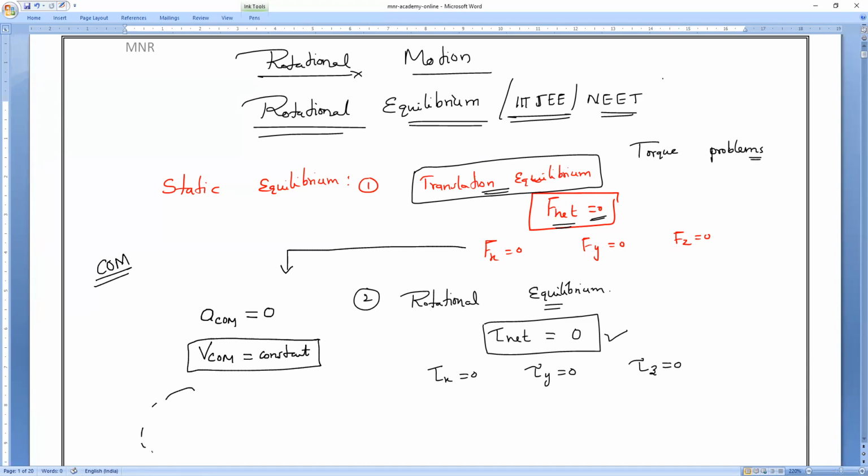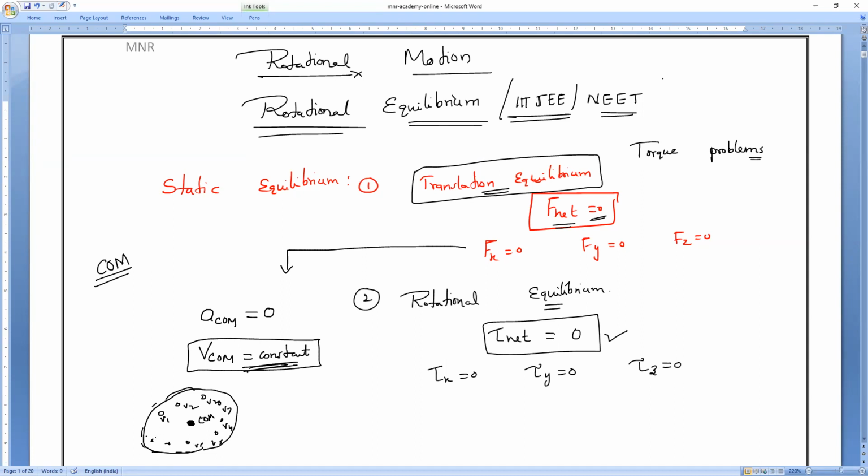If I take any kind of body, we have different particles, and different particles have different velocities. This velocity is V1, this is V2, V3, V4, V5, whatever it is. The speed of individual particles may be different, but if I take the overall mass, the COM, the speed of the COM remains constant.